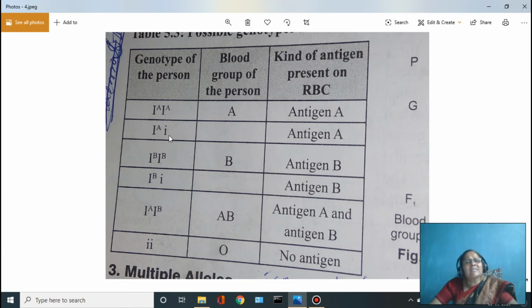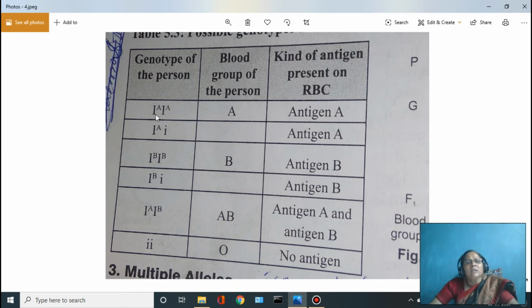This is a recessive allele. It does not express itself in the presence of the dominant alleles A and B. An individual has only two of these three alleles, but different individuals have different combinations.